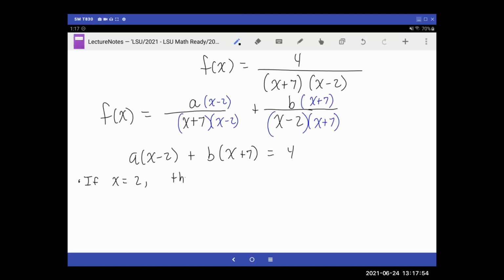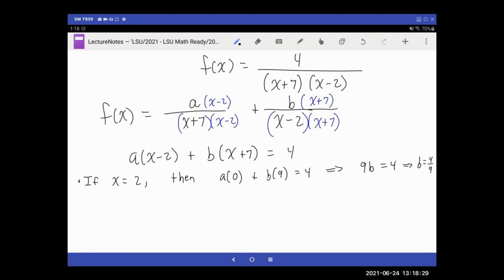If x was 2, then I'd have 2 minus 2 here, which would be 0, A times 0, plus 2 plus 7 is 9. In other words, I'd be just solving the equation 9B equals 4. We all know how to do that, right? That would give us B equals 4 over 9. I found B.